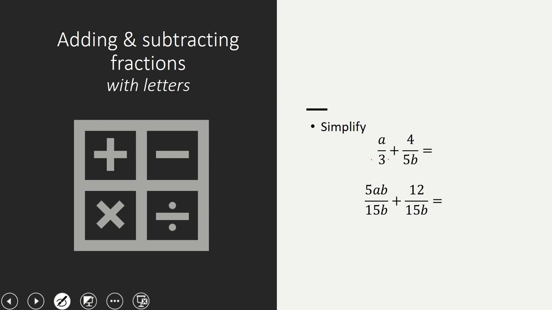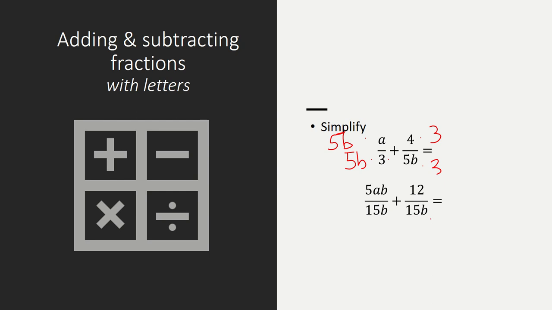If I multiply 3 by 5b, then I need to do a times 5b as well, of course. If you need to do 5b times 3, you need to do 4 times 3 as well. So I get 5ab over 15b, and 12 over 15b.